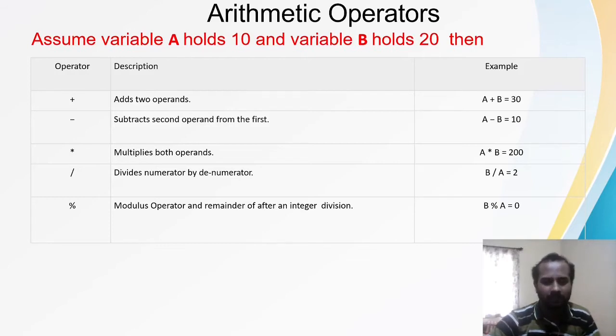Your output will be real only. While in integer arithmetic, your output will be of integer type.